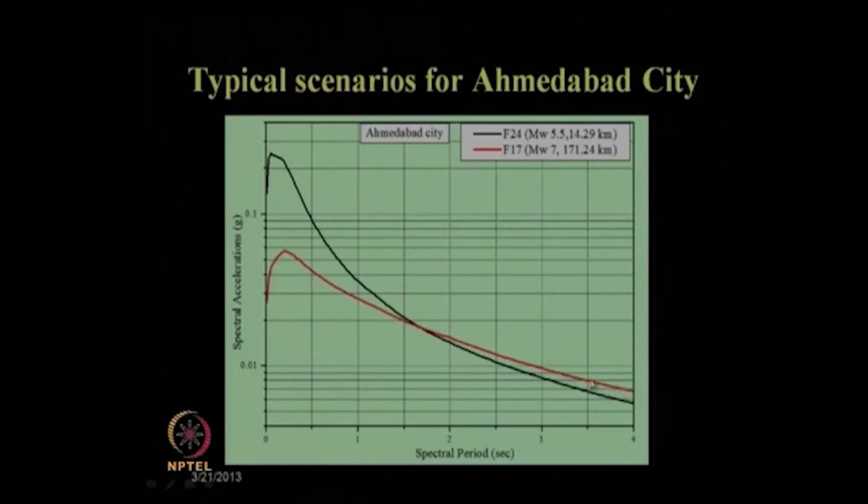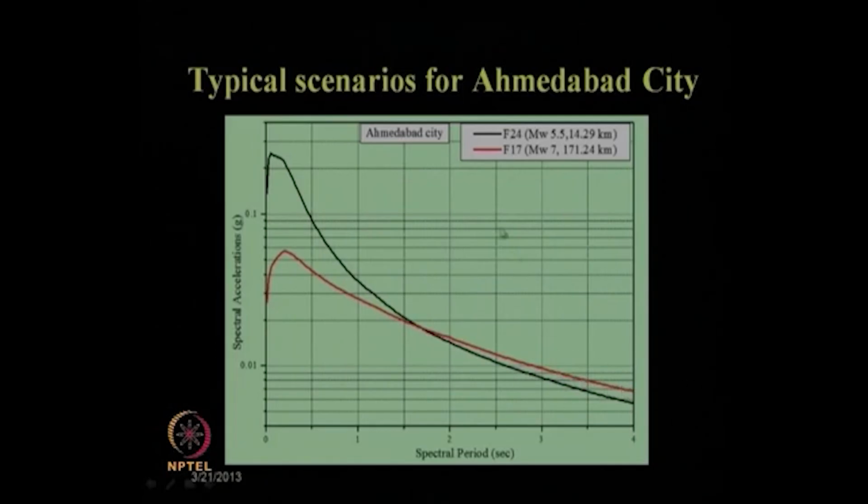That means this red color gives the value of spectral acceleration higher at higher values of period, whereas this black color curve gives a higher value at smaller period. That automatically means this black color curve should be considered for shorter period or low rise building, whereas this red color curve should be considered for design of high rise building.